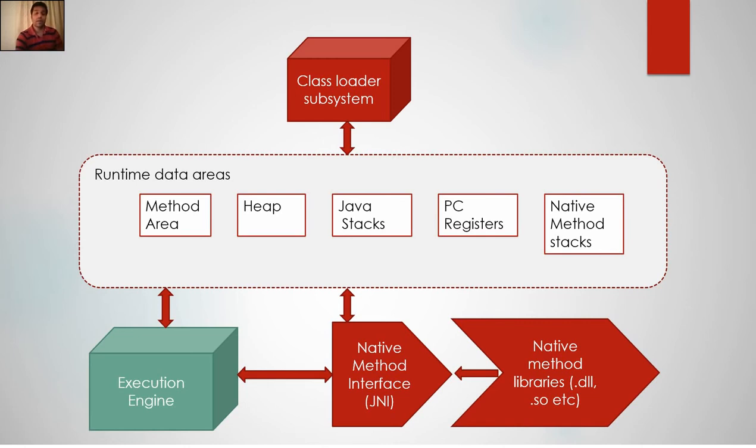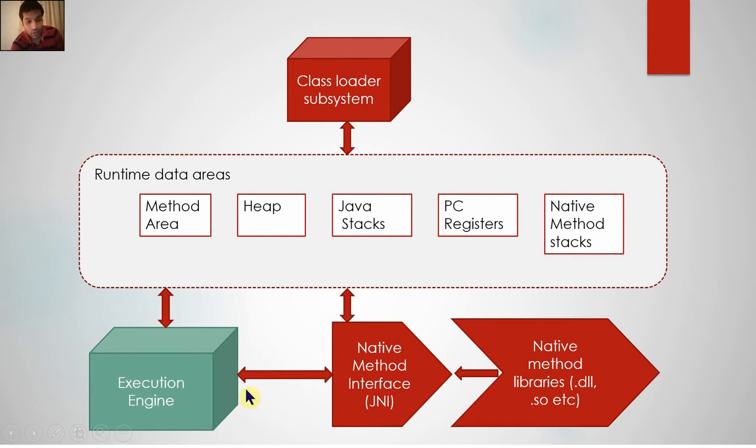In runtime data area, you have five different data areas, which is basically the memory space allocated for the JVM: method area for class data, heap for object data, Java stack per thread that keeps track of the currently executing method and its data, PC registers per thread, the program counters that know what operation to execute next, and native method stacks corresponding to native methods used by the application.